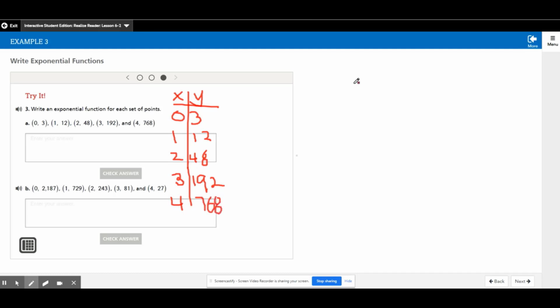So I go to my function of f of x is equal to a times b to the x, where a is your initial amount. So we need to find the initial amount first. What is the initial amount that we're starting with? We're starting with 3. So a is equal to 3 here.